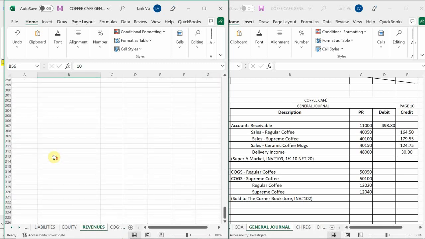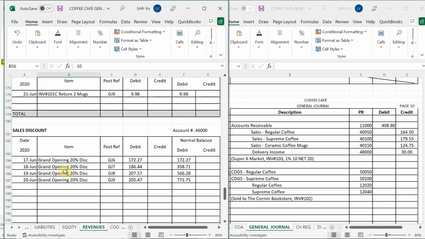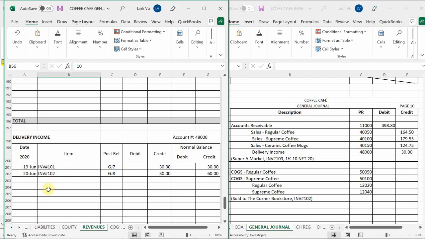And then we go to delivery income. It's invoice 103, and it's on page 10. And it's another $30, making a total of $90. Good.